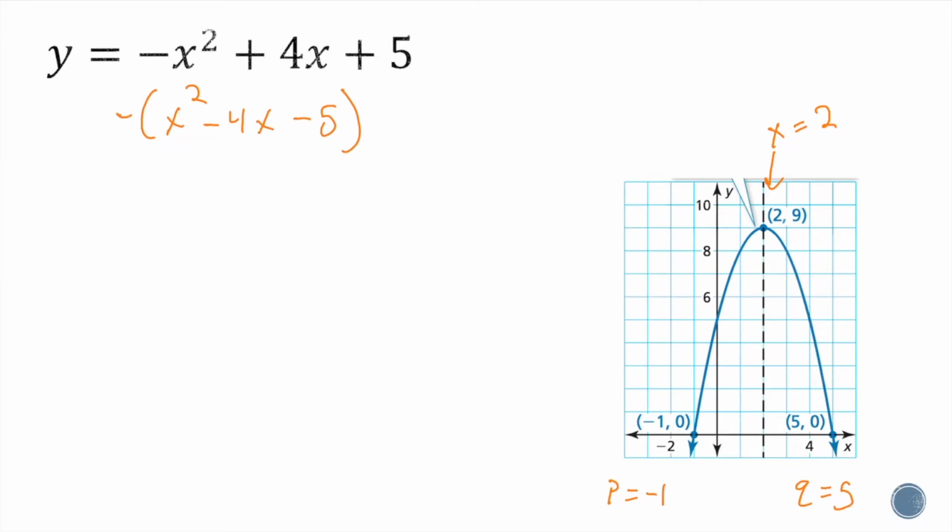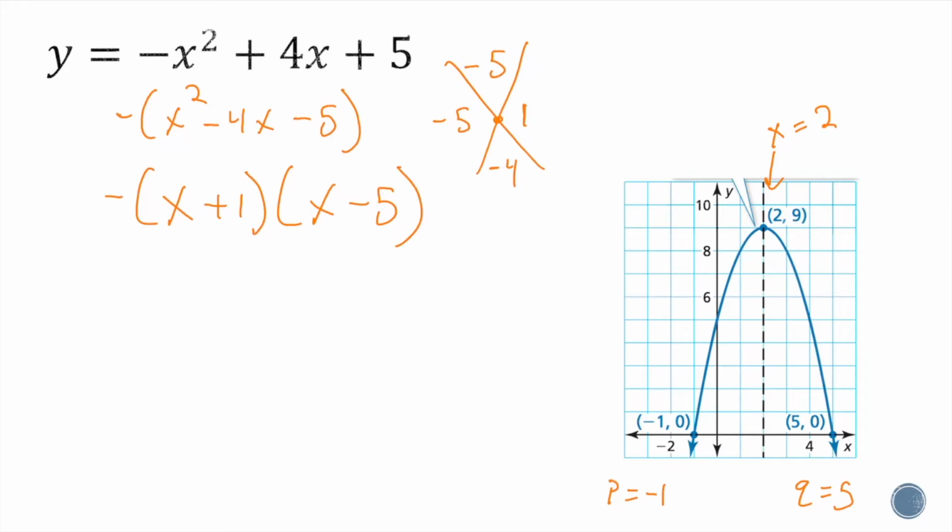Now I want to find the factors of -5 that add to -4. And that happens to be -5 times 1. Perfect. Now this is exactly what I needed, right?